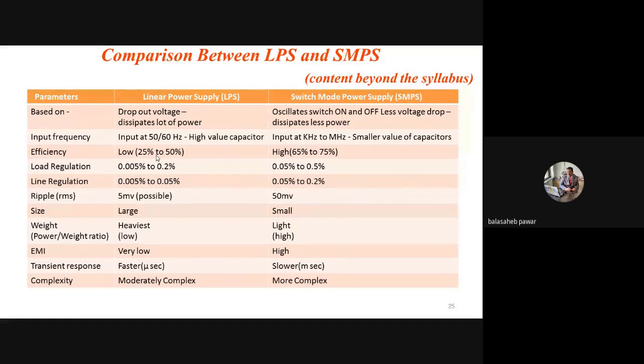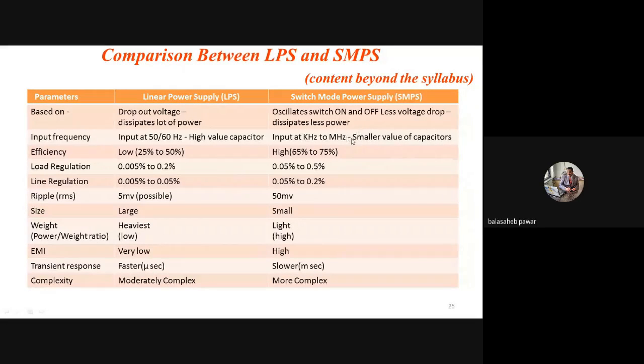But as that input signal frequency is low, there is a need for high value capacitors for filtration. In the case of SMPS, in the electrical specification we saw that the switching frequency of that switch is kept at 132 kilohertz by the manufacturer. In general, the switching frequency in the SMPS technique is kept in kilohertz to megahertz, and that's why there is a need for somewhat small value capacitors as a filter.